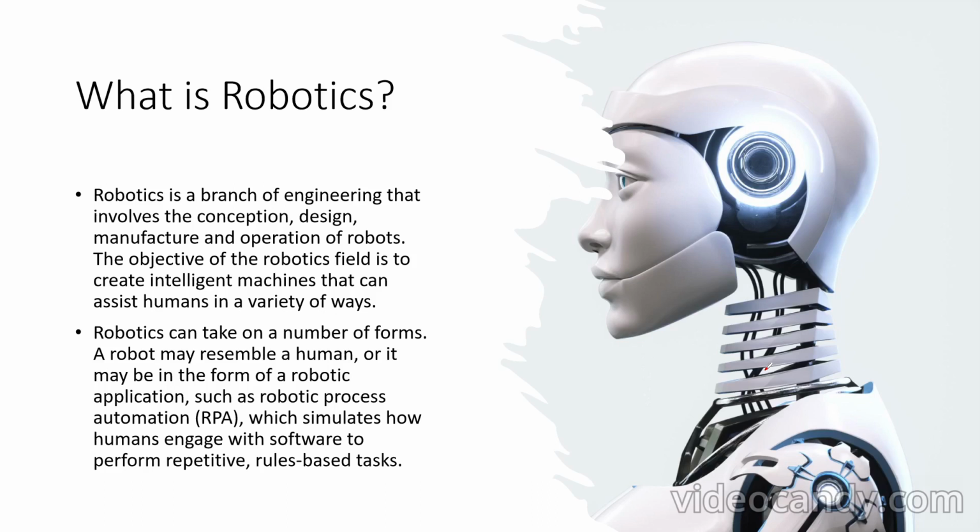It's a very complicated topic, so I'm not going to go that deep into robotics. I'll tell you the objective of the robotics field currently. It is to create intelligent machines that can assist humans in a variety of ways, so that they can make intelligent objects which help people have a better life.